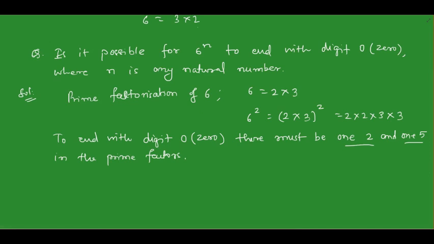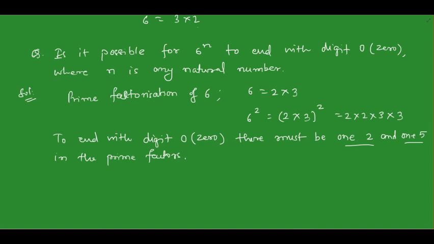Then only we will be getting a 0. Why? 2 5s are 10. 2 into 5, 10. The end digit is 0. Until and unless there is at least 1 2 and 1 5, you will not get 0 at the end of the number.